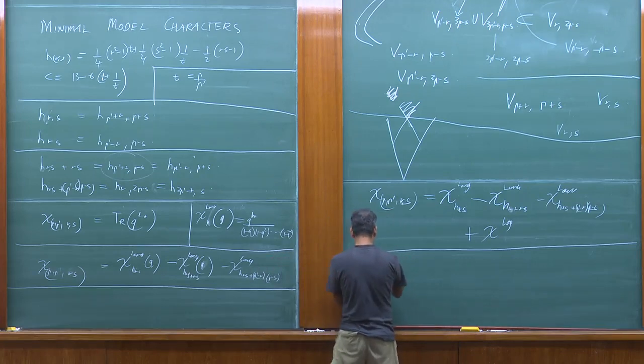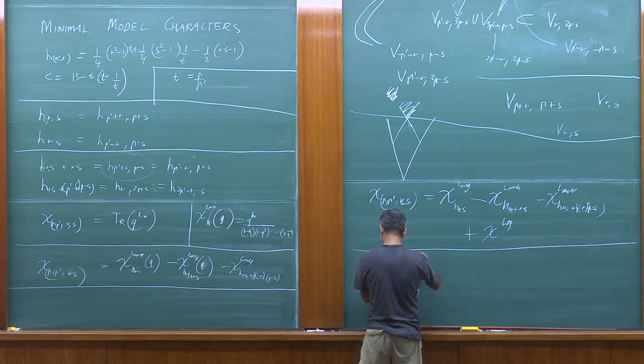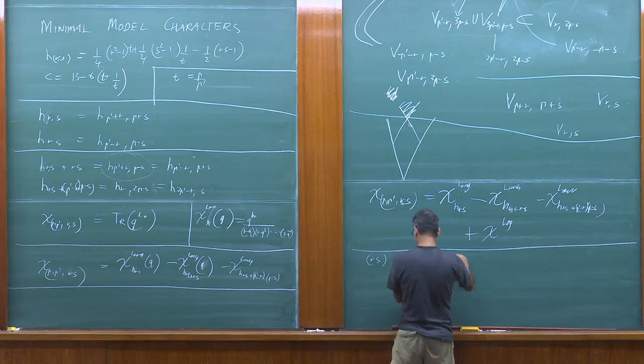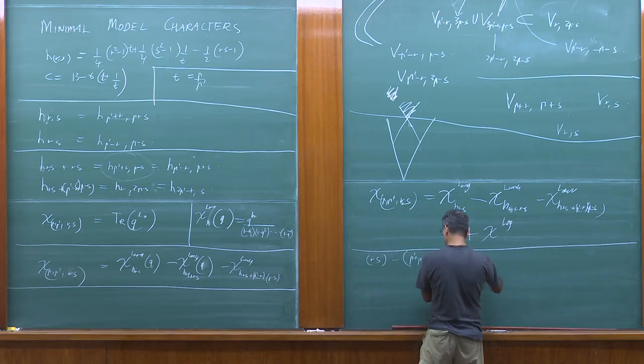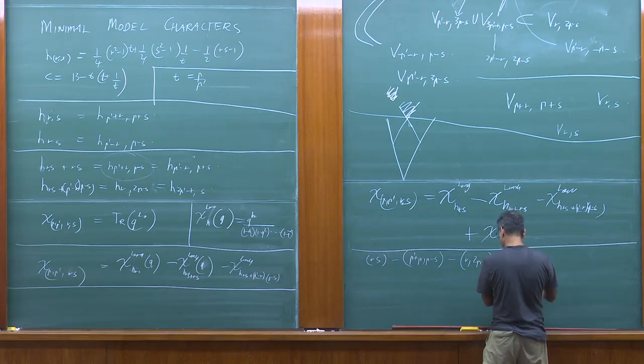He has rs minus p prime plus r p minus s, minus r to p minus s. This we agree with. Then his next ones are plus 2p prime plus r s.